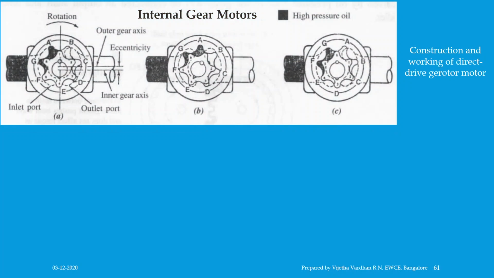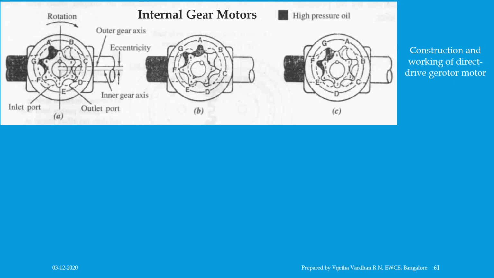Now, direct drive gerotor motors, for which we will understand the figure. A direct drive gerotor motor consists of a set of inner and outer gears and an output shaft connected to the inner gear. The inner gear has one tooth less than the outer gear. The shape of both the inner and outer gears is the same and both the gears are in contact all the time.